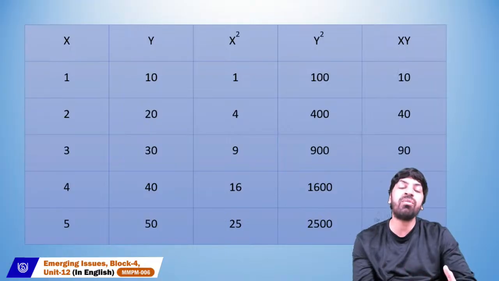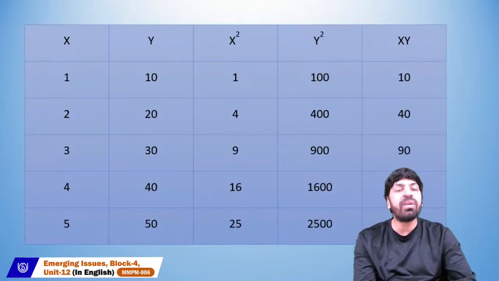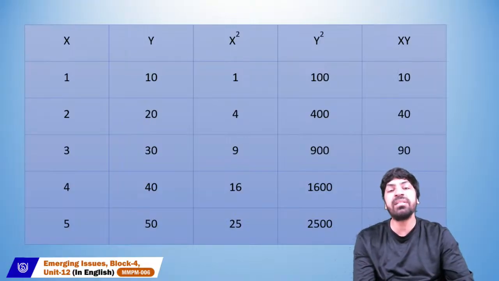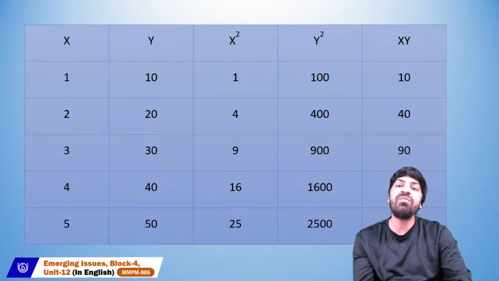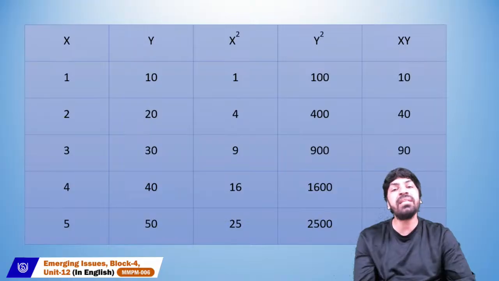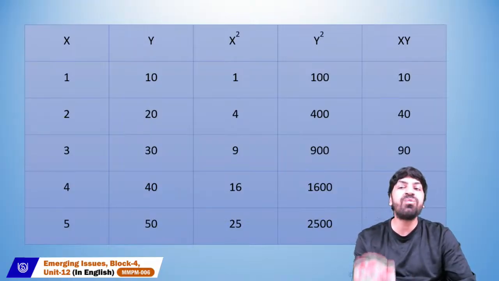In this particular question, we need to calculate the value of correlation through the covariance, the alternate formula, which is quicker and easier for calculating the correlation. The values of x and y are already given, so the next target is to calculate sigma xy.